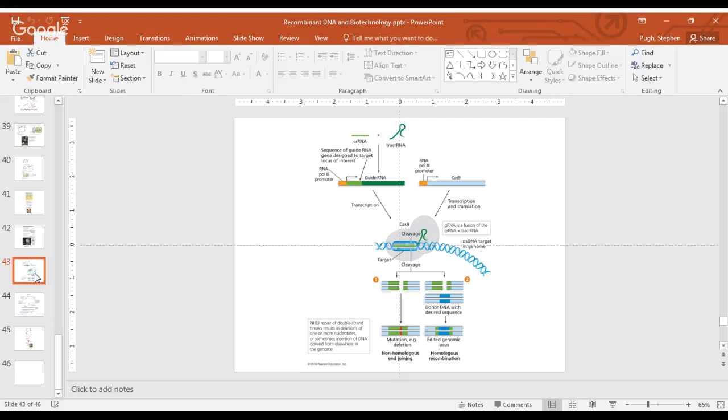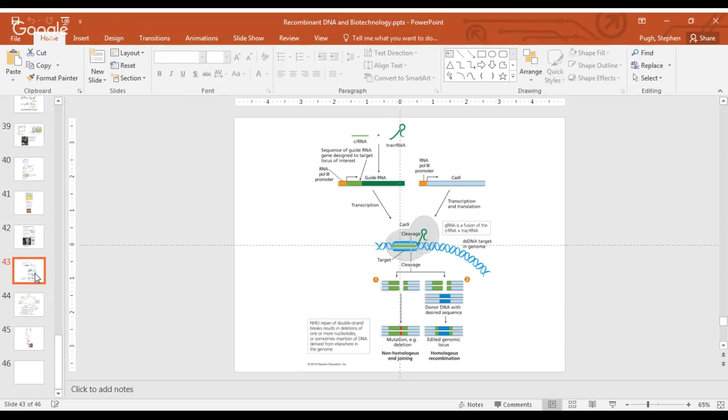Bacterial cells use this system to identify viral DNA, and they have a particular sequence that will identify it and bind to it. And then they use Cas9 to cut up the DNA in a way that's very similar to what they did with restriction enzymes. The benefit of this is that it can be more specific because you've got a specific sequence of nucleotides that will guide the Cas9 to the exact right position in order to cut the DNA.